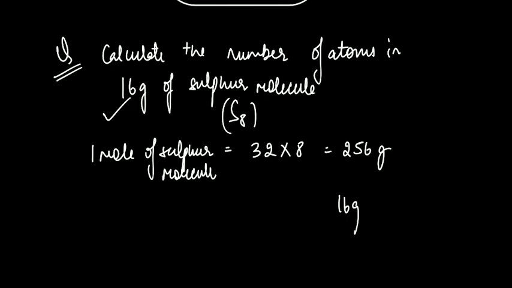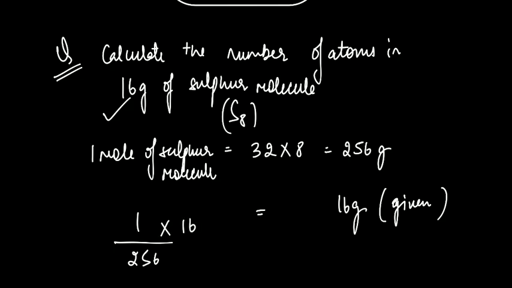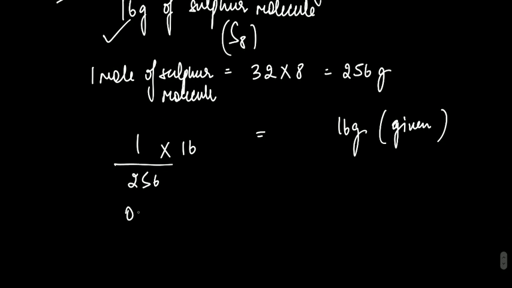Now if we have 16 grams of sulfur already given in the question, then how many moles are present over here? So 1 divided by 256 into 16. So what's going to be 16 divided by 256? This is going to be 0.0625 mole. So this is our mole that we calculated.